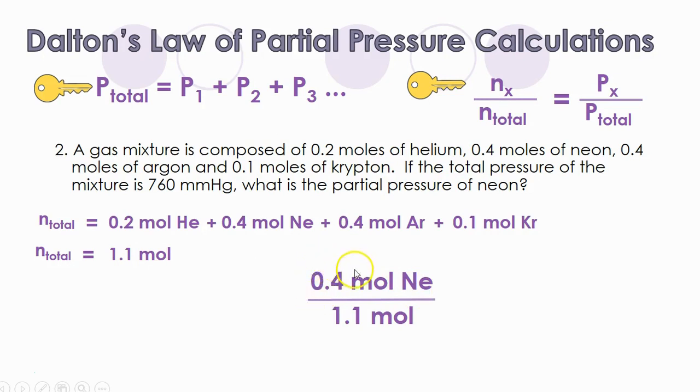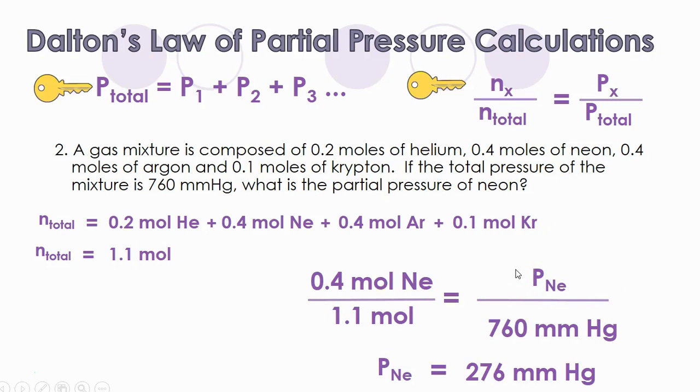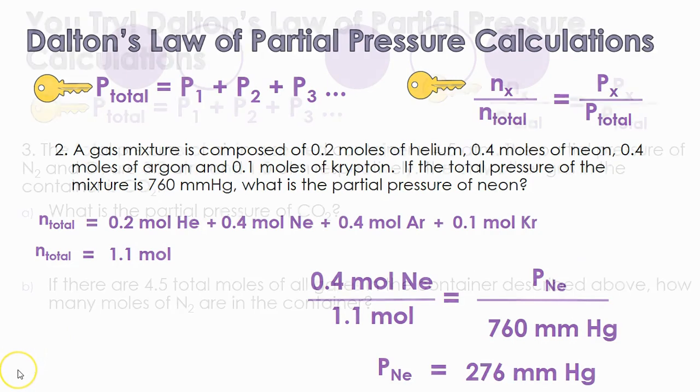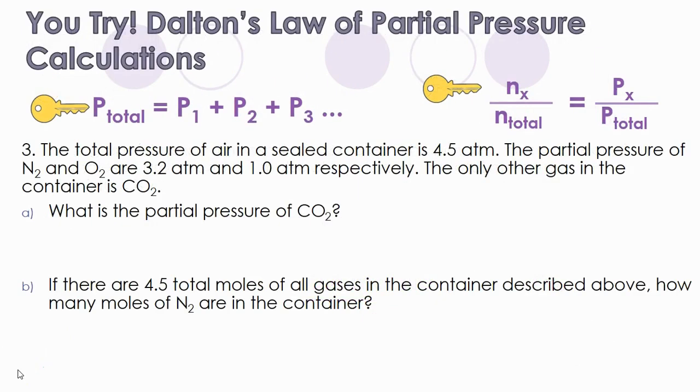So we're going to put the number of moles of neon over the total number of moles and set that equal to the partial pressure of neon over the total pressure. By cross-multiplying and solving for the partial pressure of neon, you can see that we have a partial pressure of 276 millimeters of mercury.